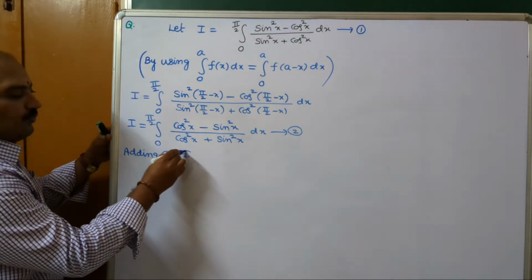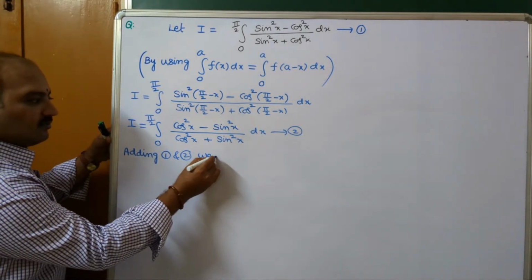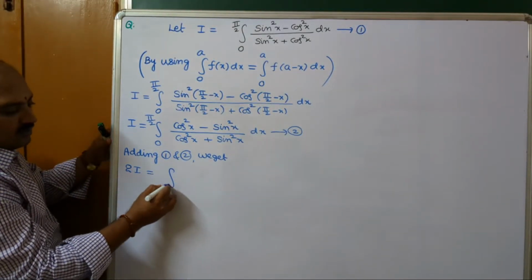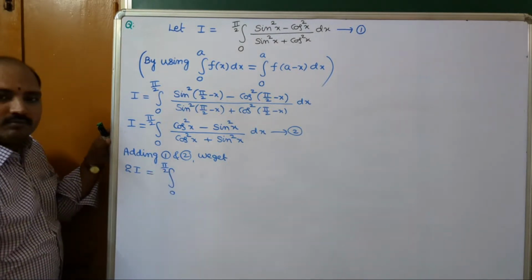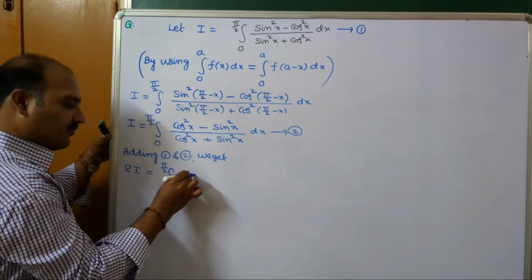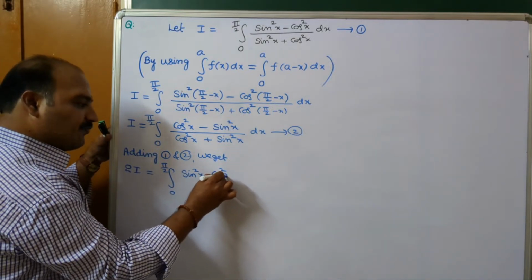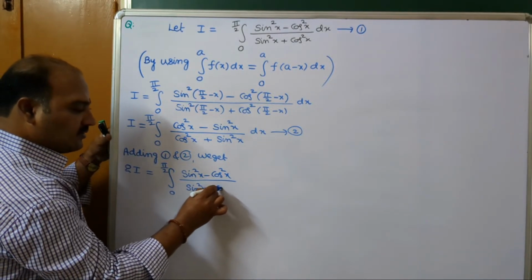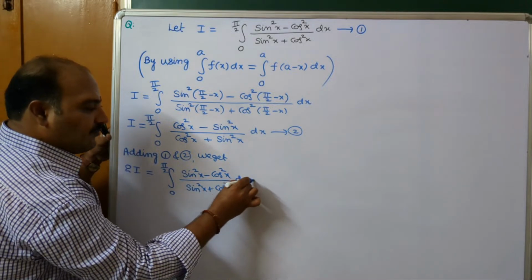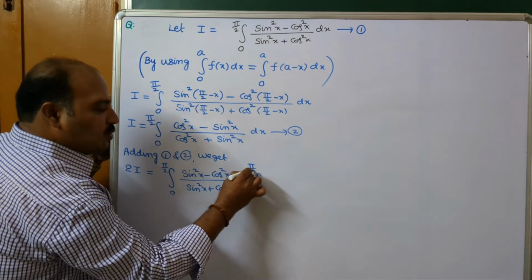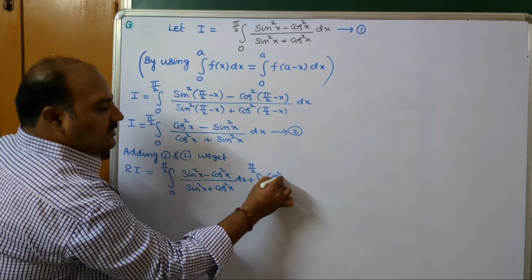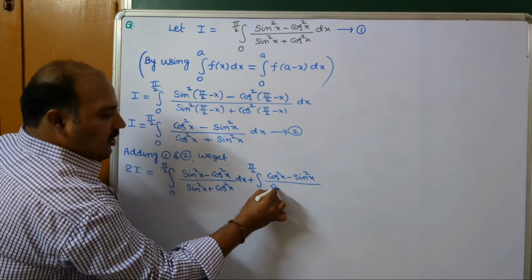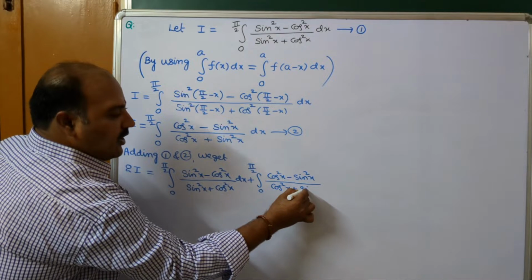Adding 1 and 2, we get I plus I, 2I, equal to integral 0 to pi by 2 of sin square x minus cos square x divided by sin square x plus cos square x into dx plus integral 0 to pi by 2 of cos square x minus sin square x divided by cos square x plus sin square x into dx.